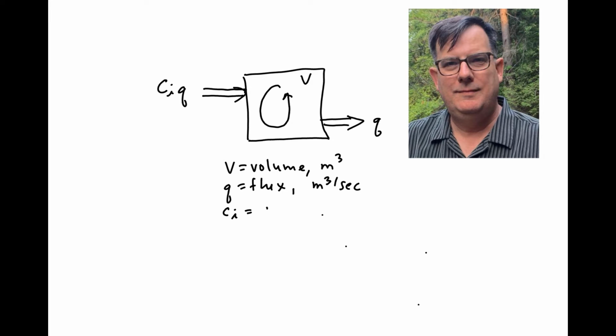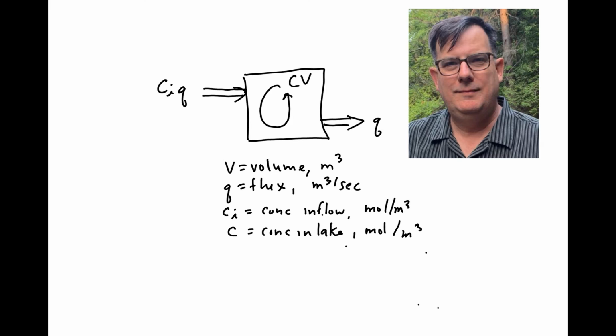So Ci is the concentration in the inflow with units moles per cubic meter. And the concentration that we're ultimately most interested in is the concentration of substances in the lake. We represent that with the symbol C, also moles per cubic meter.